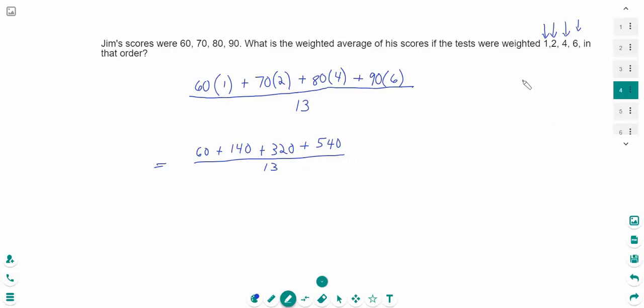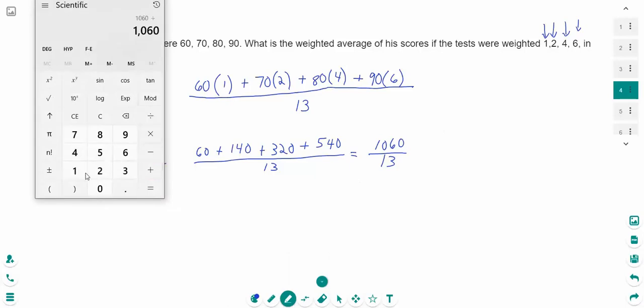To save some time, I'll just pull the answer up. Everything combined is going to be 1060 over 13. And again, to save a little time, let me pull up a calculator and divide that by 13.